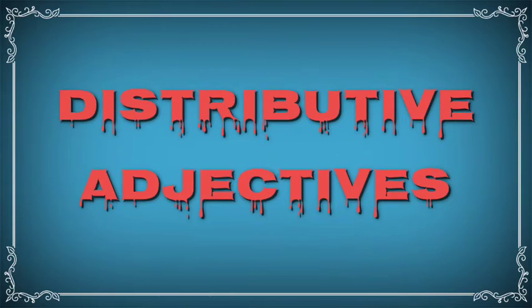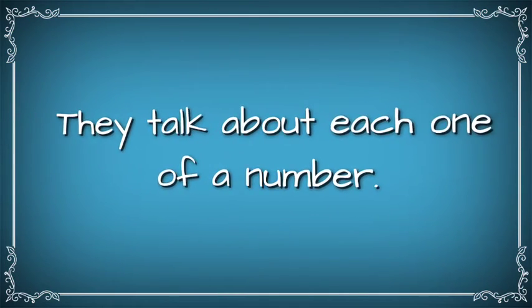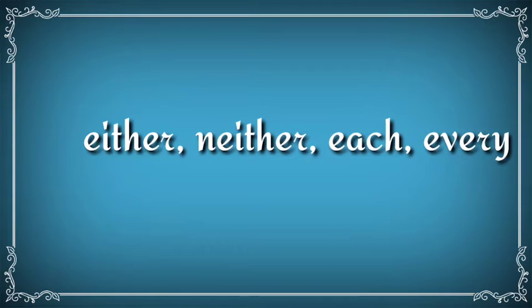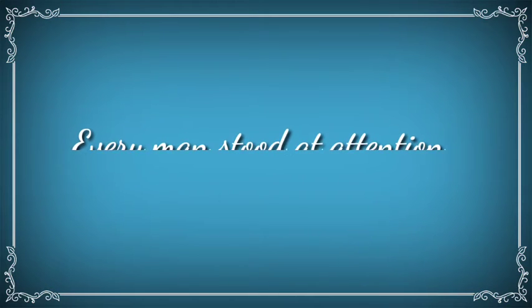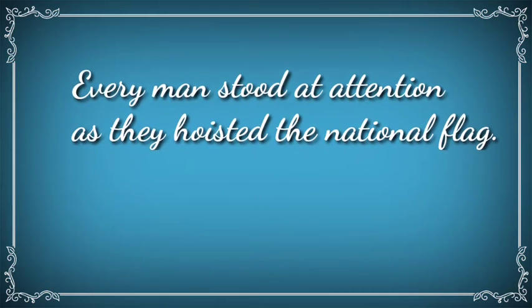Now we are going to see what distributive adjectives are. They talk about each one of a number. These are either, neither, each and every. Let's understand this with one example. Every man stood at attention as they hoisted the national flag.